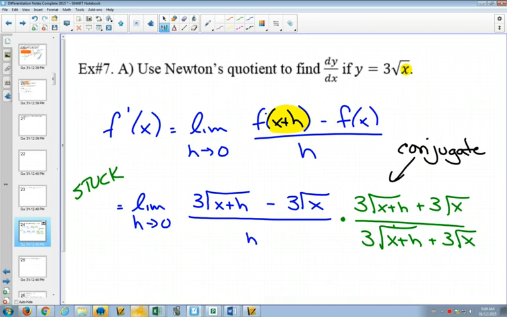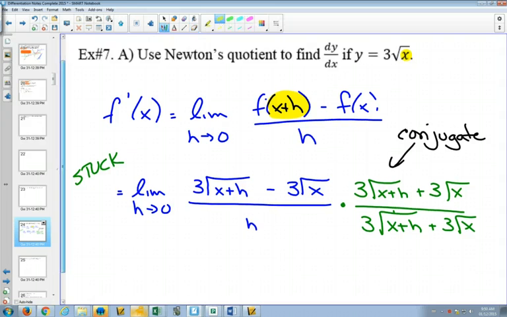Because what does the conjugate do when we multiply? It gets rid of our square roots, right? When was the last time that you used a conjugate with square roots? Was in grade 11 when you had to rationalize the denominator. Remember these ones? Where you have root 3 plus root 7 on the bottom, and you had to multiply by the conjugate in order to do that. So that strategy that you first learned in grade 11 is coming back now.